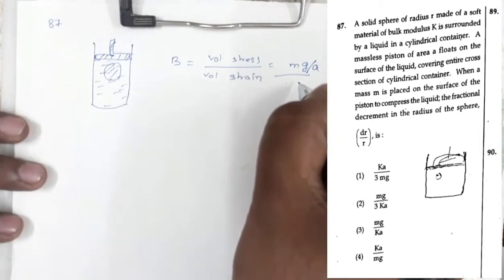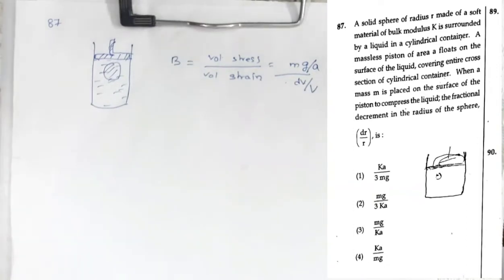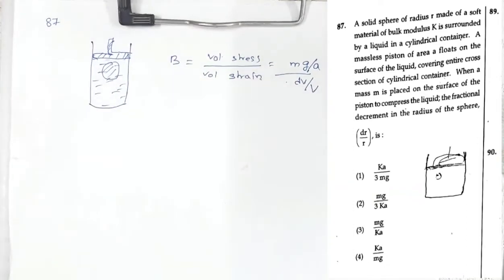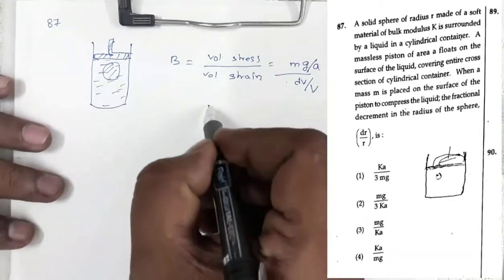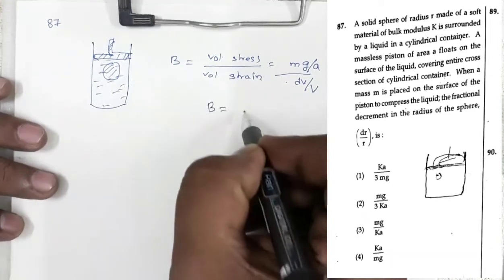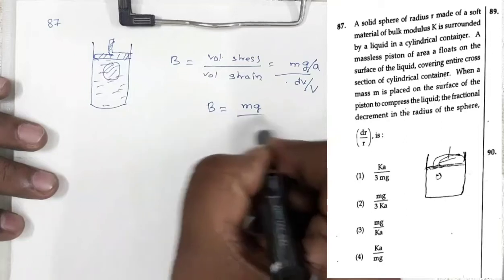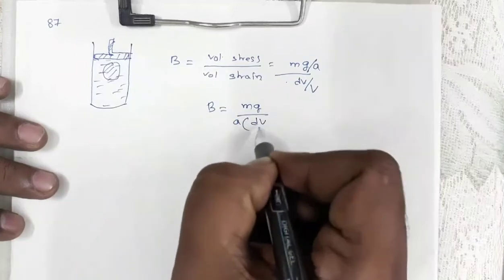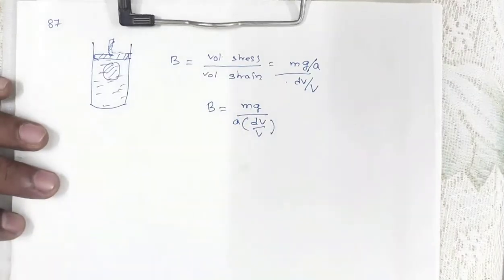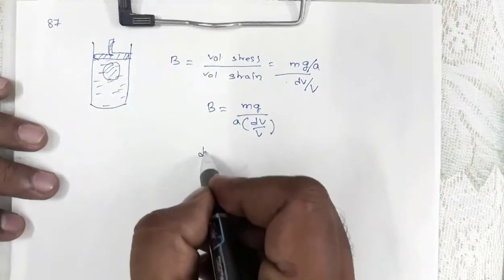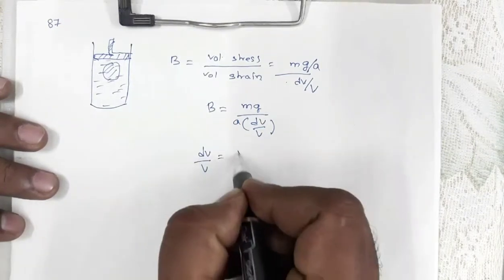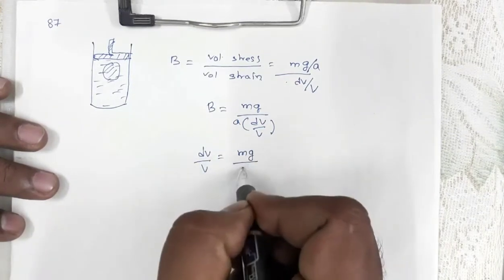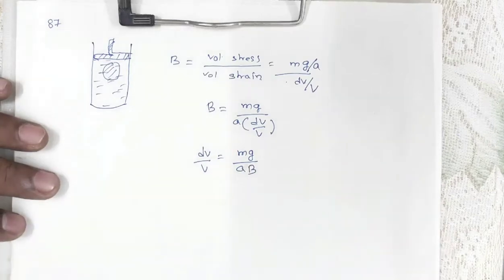Strain, that is change in volume over original volume, so that is dV by V. So I can write B is equal to mg divided by A dV by V. So that gives dV by V is equal to mg by A into B.